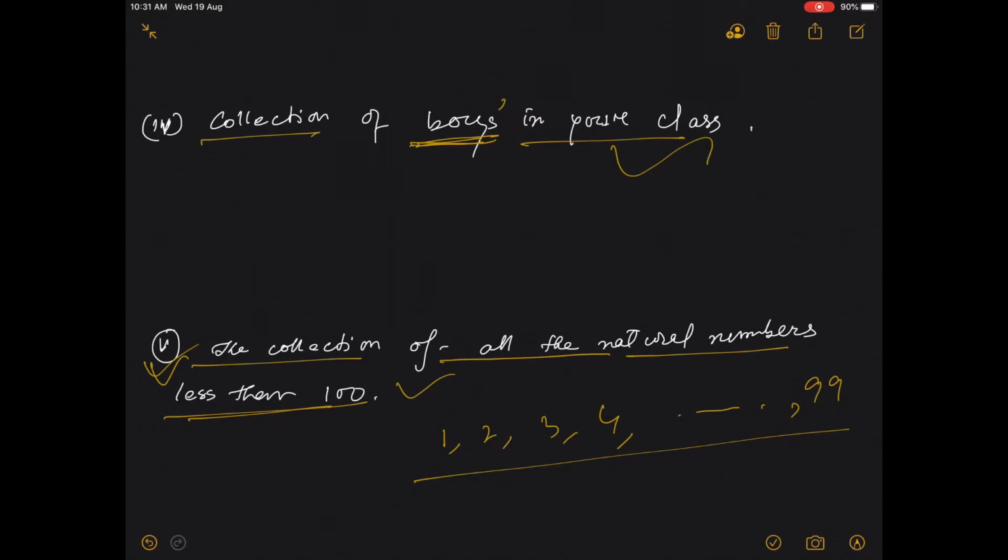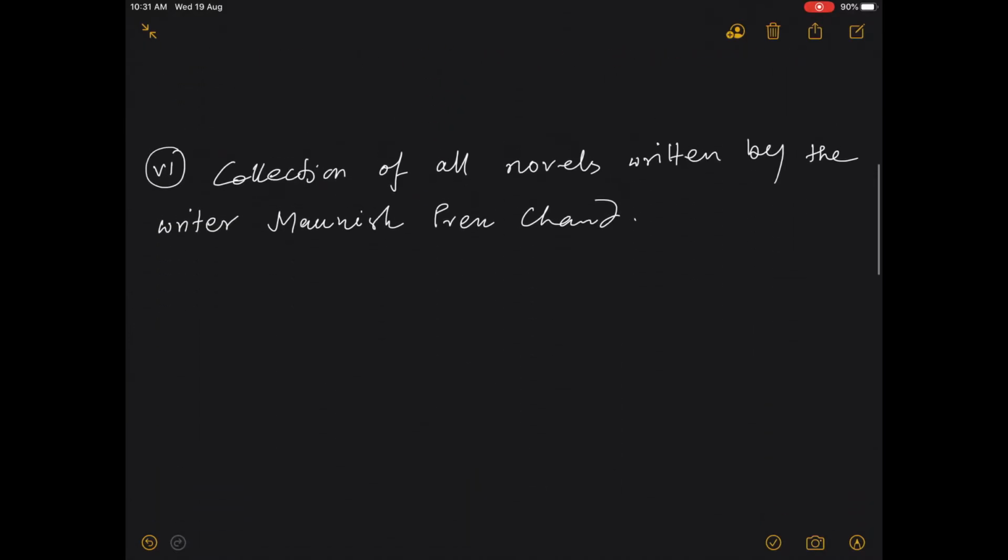Okay, now let's move on to the next collection, the collection of all novels written by the writer Munshi Premchand.